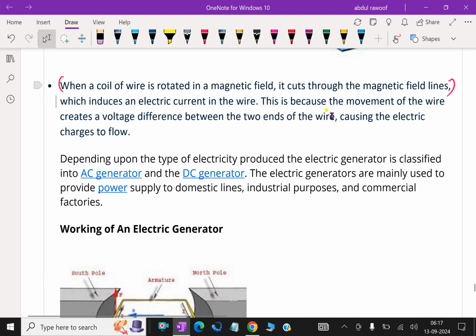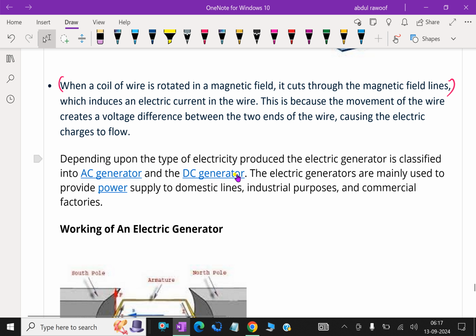This is because the movement of the wire creates a voltage difference between the two ends of the wire, causing electric charges to flow. That means when a magnetic field line is cut by a conductor, electric charges flow.